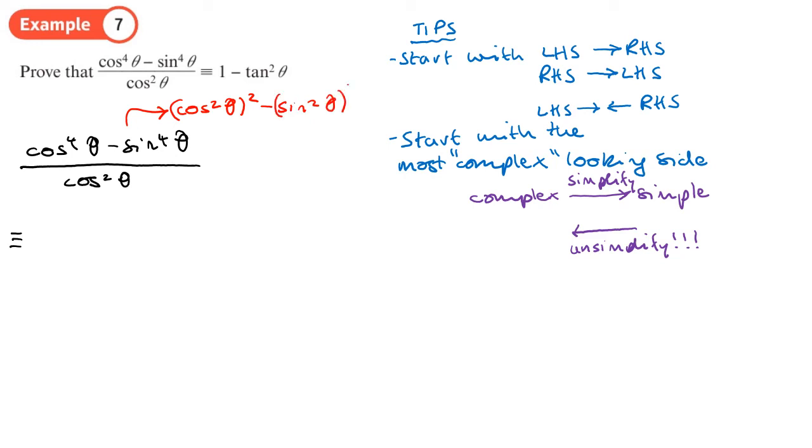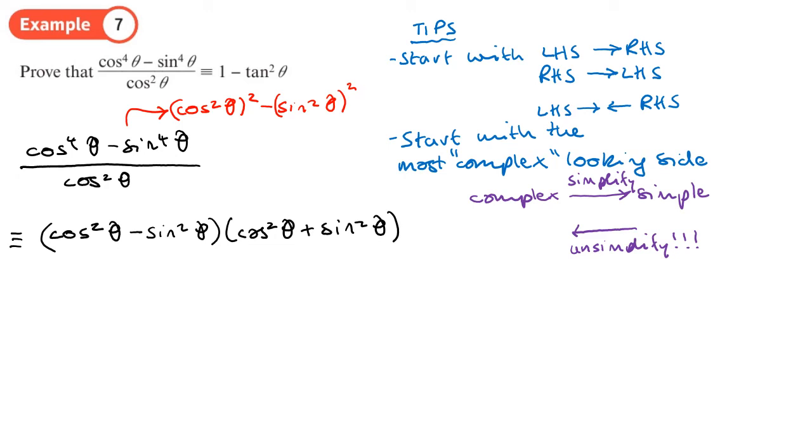So it's the difference of two squares, but those things are squared themselves. So when I factorize it, it will become cos squared minus sine squared in one bracket, and then cos squared plus sine squared. Yeah, so it's a little trick.